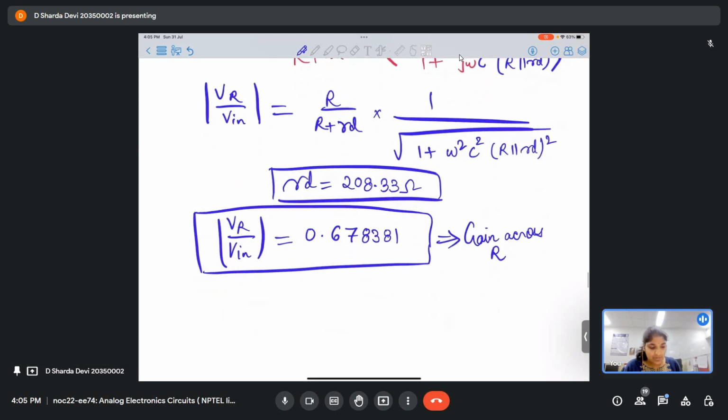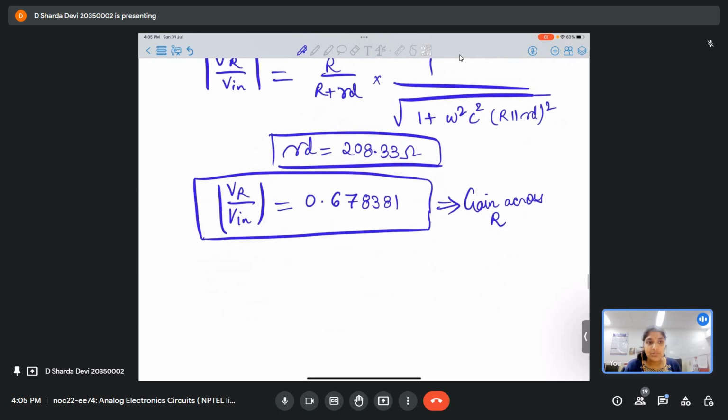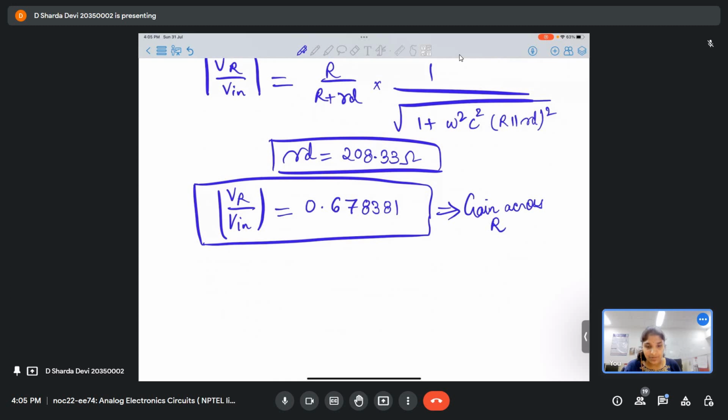Now once you have solved for the gain, the next thing is to multiply it with the input to see what output you will get, right? So VR will be simply 0.678381 into Vin, and the maximum amplitude of Vin, the amplitude of our input sine wave, is 10 millivolts.